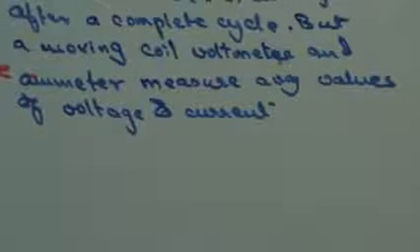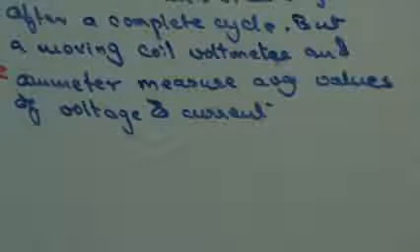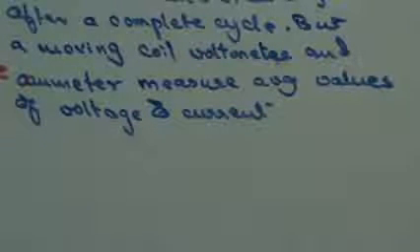I should not use a moving coil voltmeter and ammeter in an AC circuit, because if the average value of EMF and current is zero and these measure only the average value, they do not measure the peak value, they are going to be of no use to me in an AC circuit. Right? Now, let's try to see how we measure voltage and current in an AC circuit.